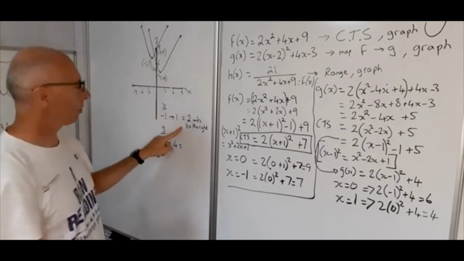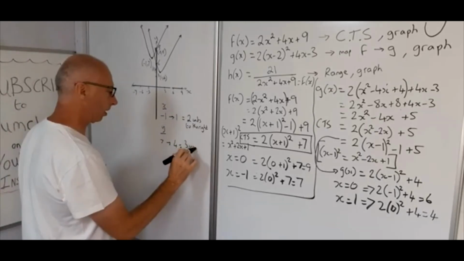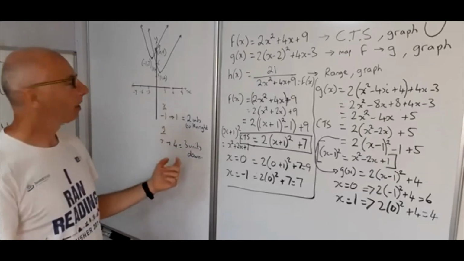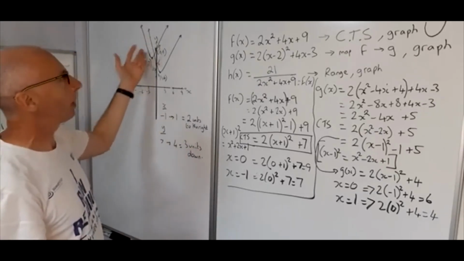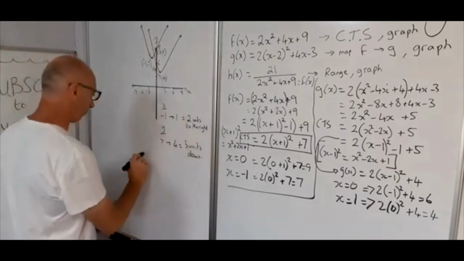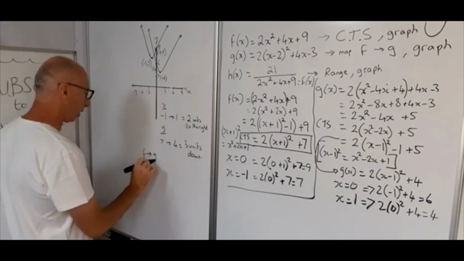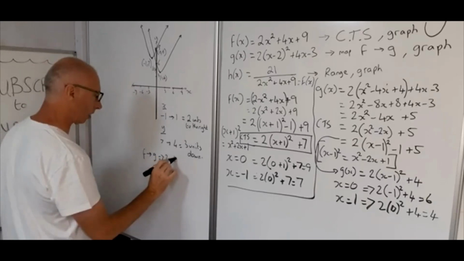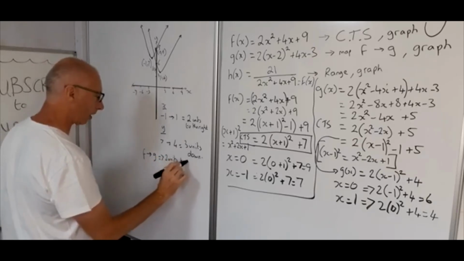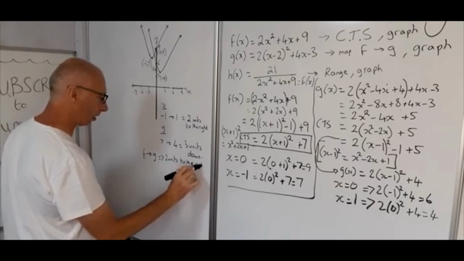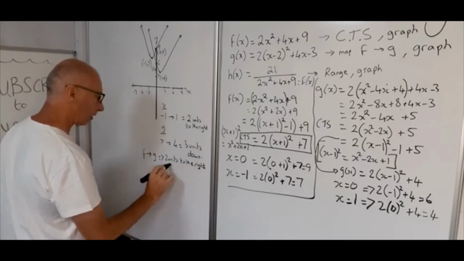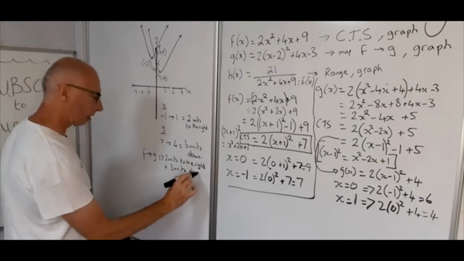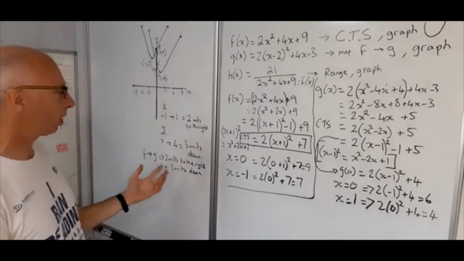So that means 3 units down. Okay, so to map f of x onto g of x, so map f onto g, we need 2 units to the right and 3 units down. We can do those in any order, it doesn't matter which order we do.